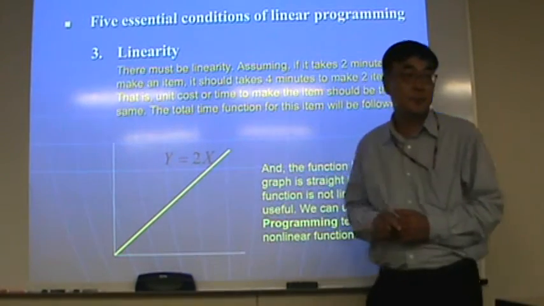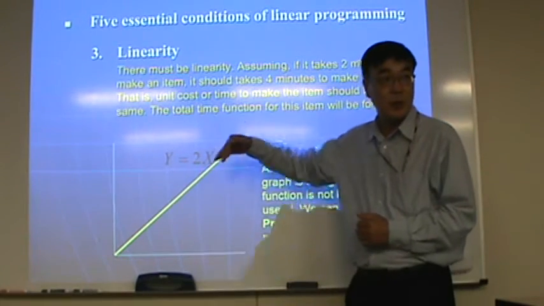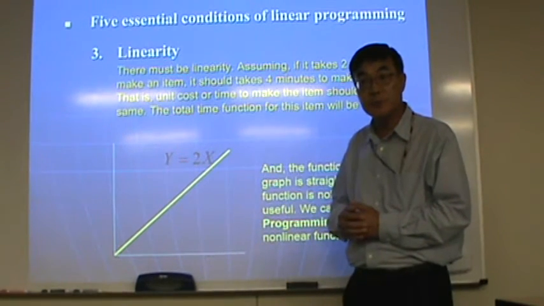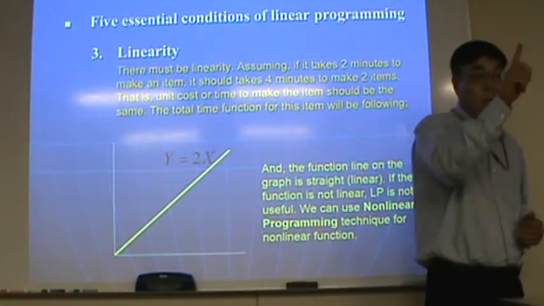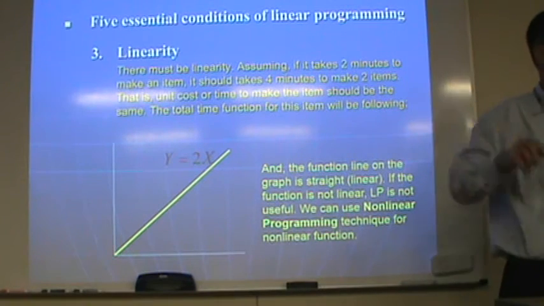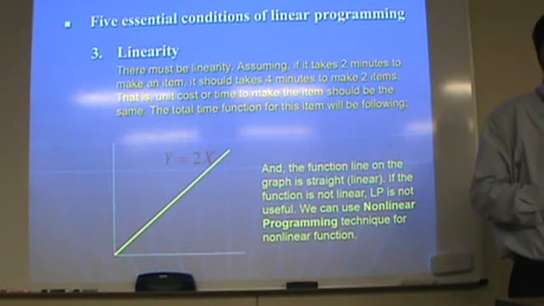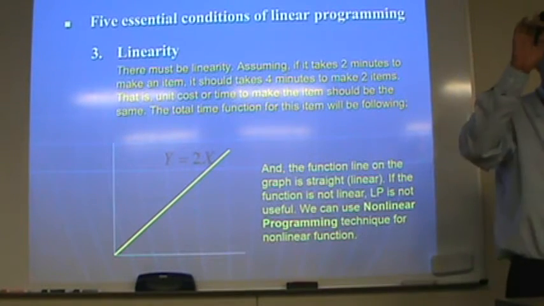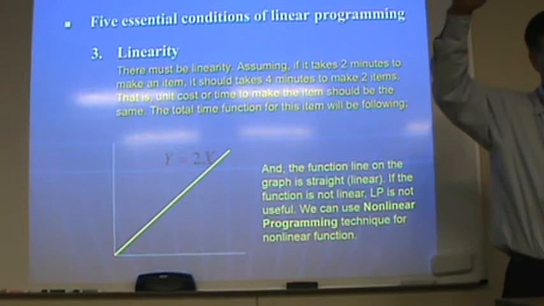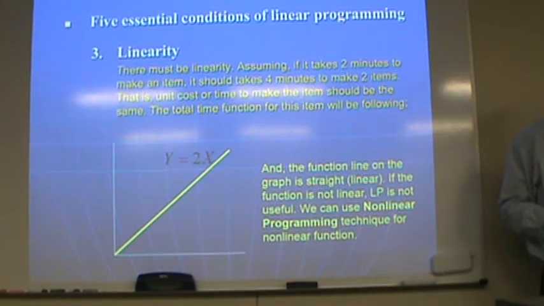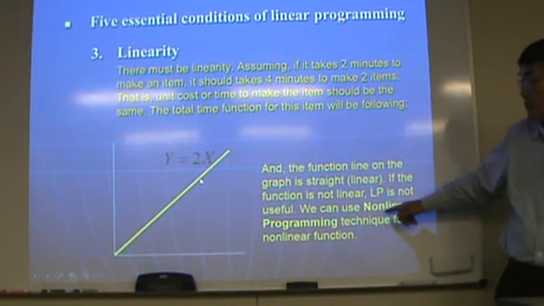If it's two or three, it's a curve. Only when the exponent is one, linear, can we use linear programming. If the exponent is two or higher, 2, 3, 4, 5, then it's a curve. Then we use another programming, which we call non-linear programming.